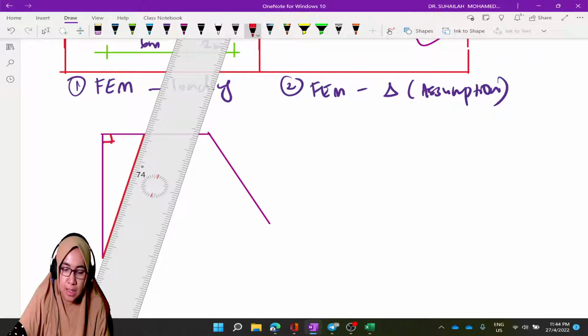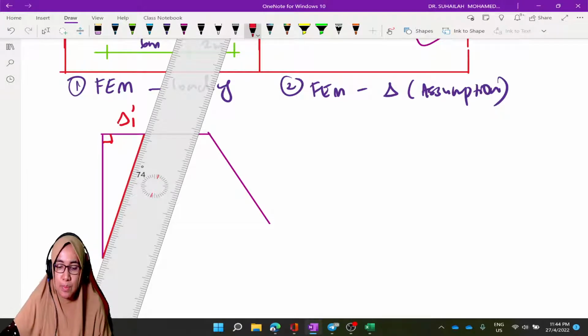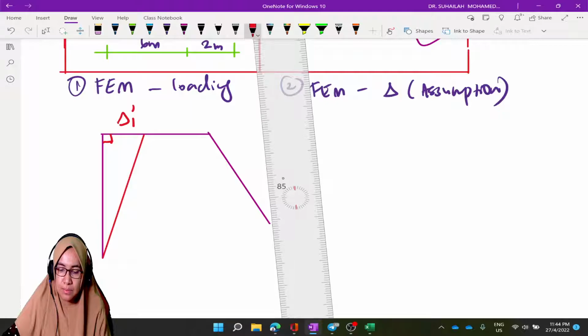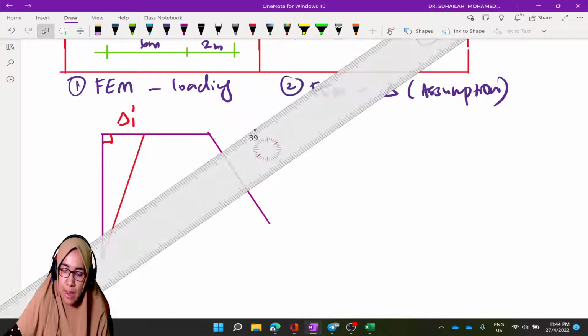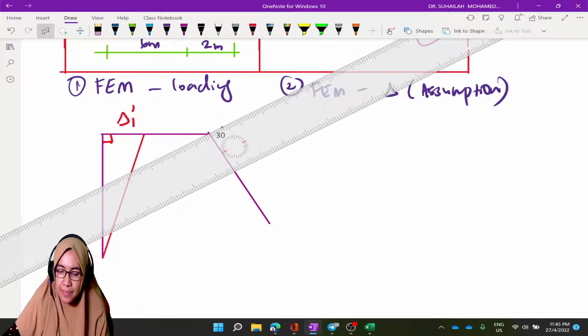This will be delta 1 prime. And then for the column, mark the 90 degree.